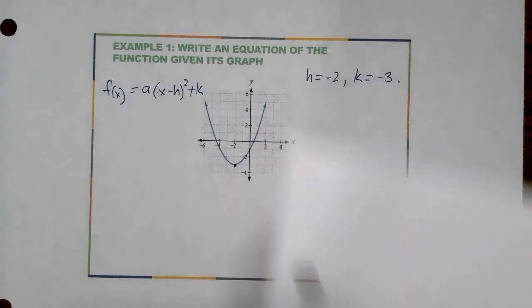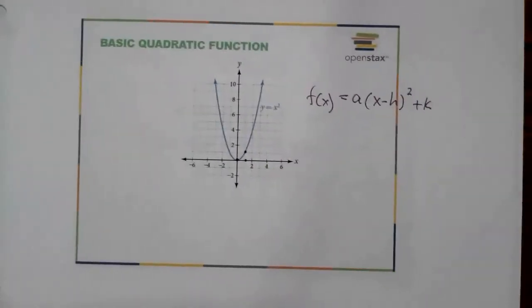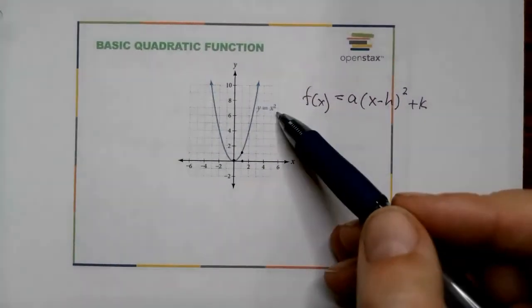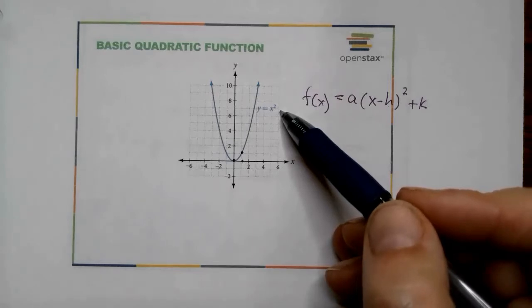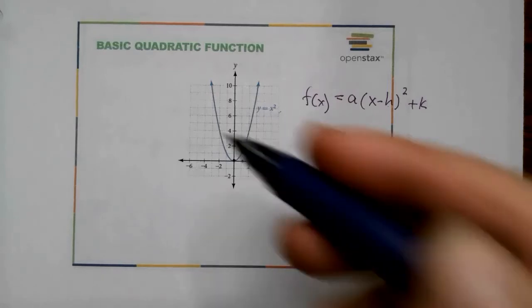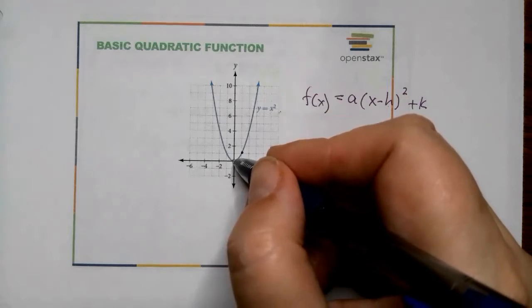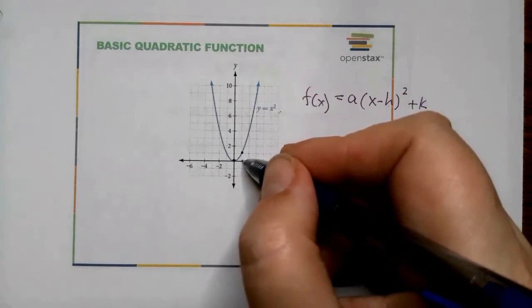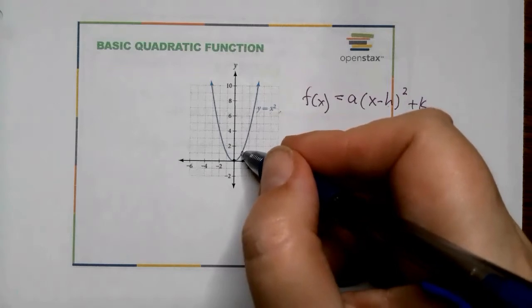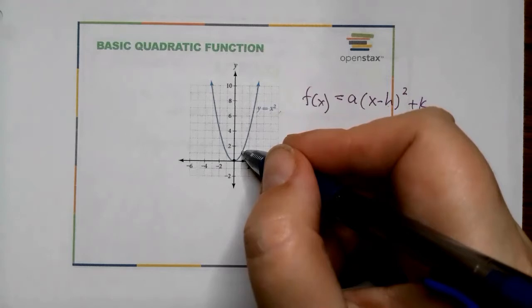It's based on the fact that when you look at the standard parabola with a equals 1, if you go from the vertex 1 unit to the right, it's going to be 1 unit up to get back onto the parabola.